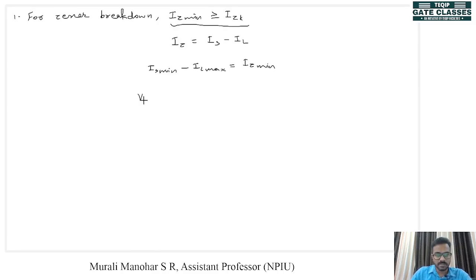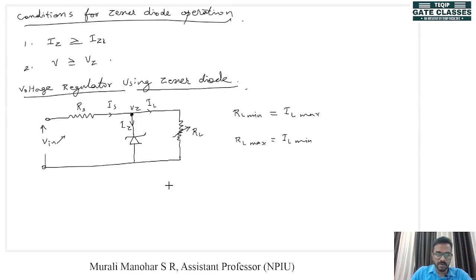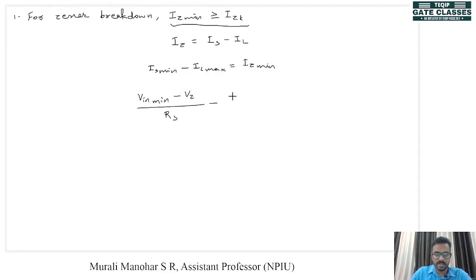So we can write IZ minimum as Vin minimum minus Vz divided by Rs minus IL max, which occurs when RL is minimum. The voltage across the load is Vz, so IL max is Vz divided by RL min. This is equal to IZ minimum, and this value must be greater than or equal to IZK.